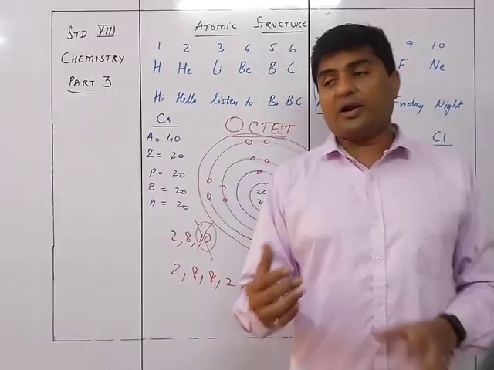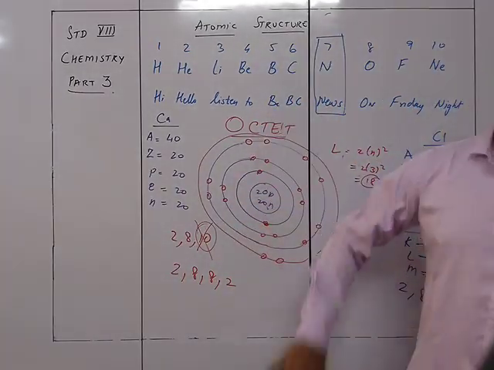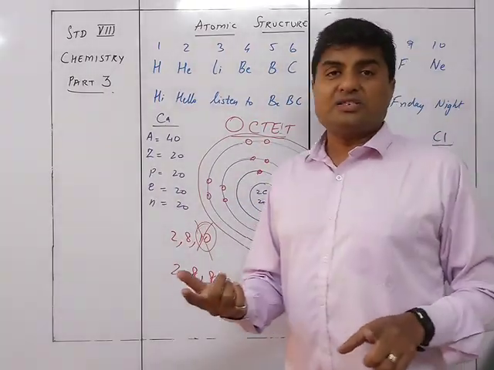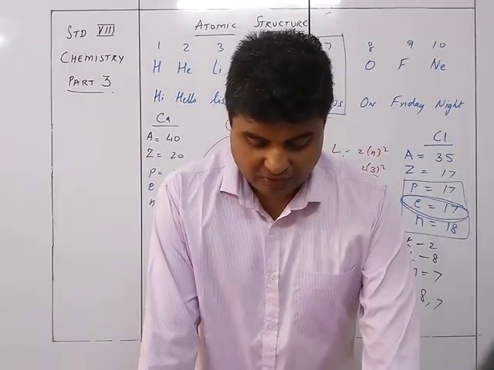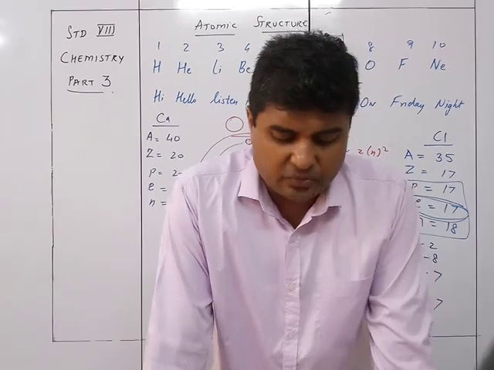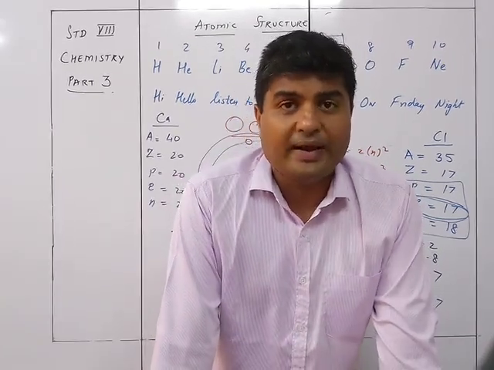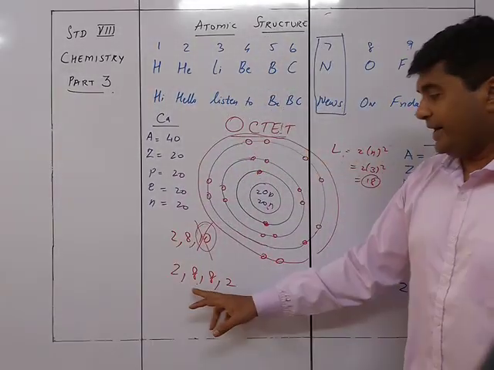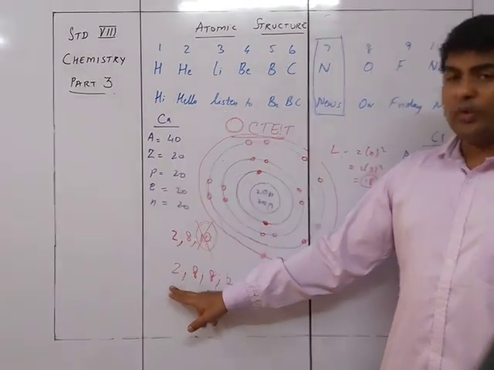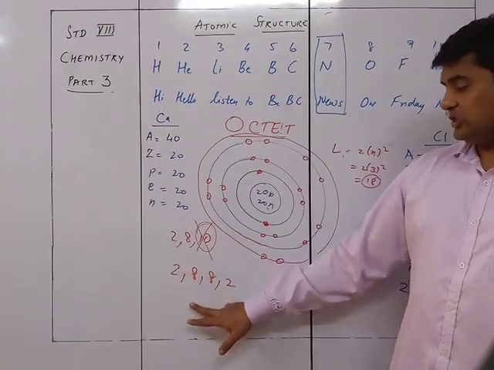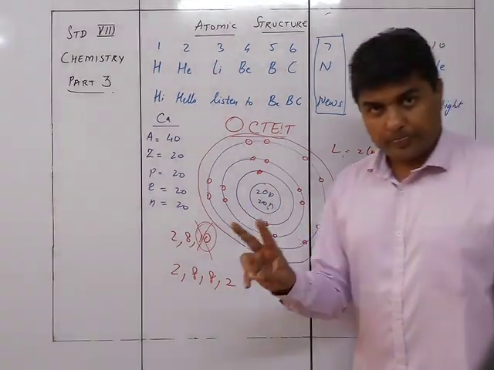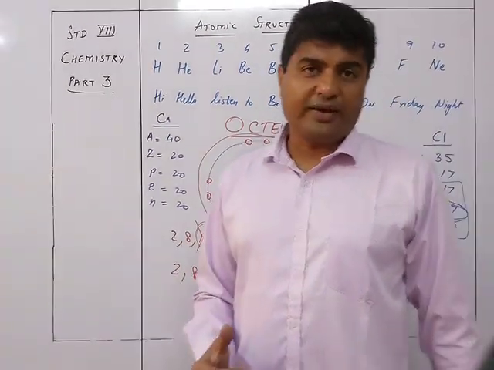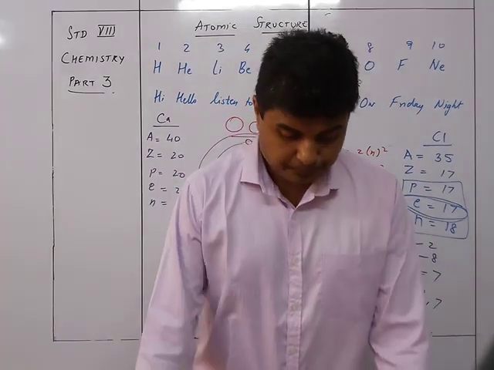Hence, after the 8 electrons are over, it needs to take one more shell for the balance of electrons. So the correct configuration is 2, 8, 8, 2, that is 2 in the K shell, 8 in the L shell, 8 in the M shell and 2 in the N shell. That is the electronic configuration of calcium.